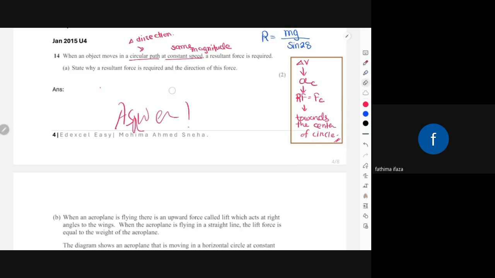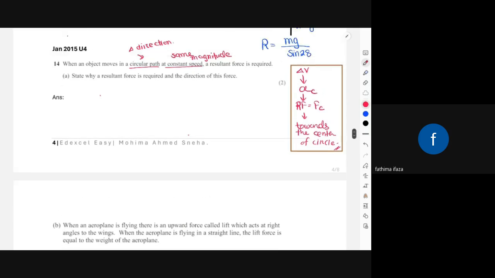Now, I'll just write down the answer over here on screen. I'm just going to copy your exact answer, which is that the velocity of the object is changing, causing acceleration, which requires a resultant force, and it should act towards the center of the circle.